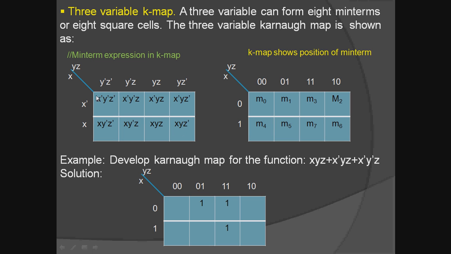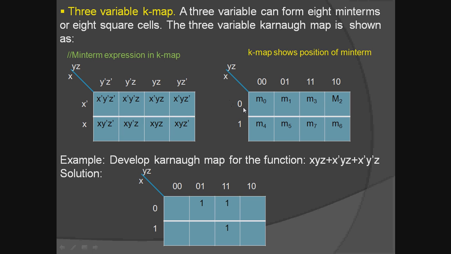Now if you see here again, you have to see the position where it lies, okay? Like x complement y complement z complement, here, so you have to remember the position where it stays. Now in terms of the expression, this is how it gets, but in terms of the min term notations, you can see that the min term notations are random, but that is because of the decimal format, right?